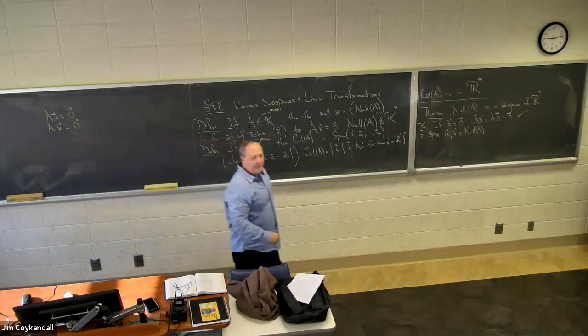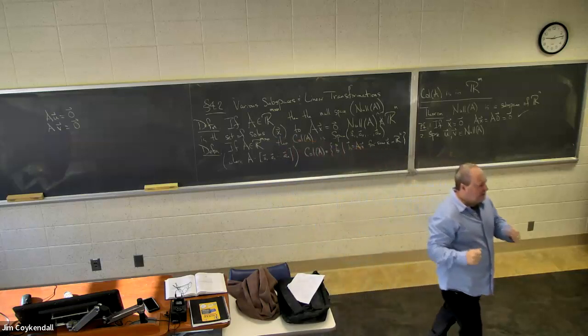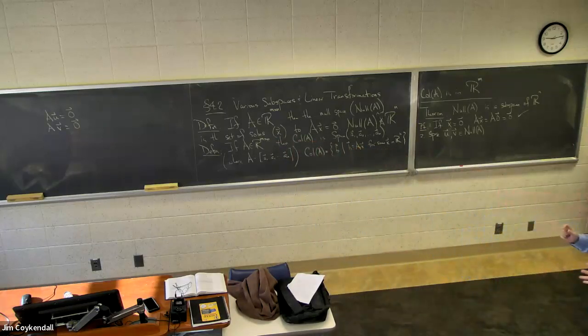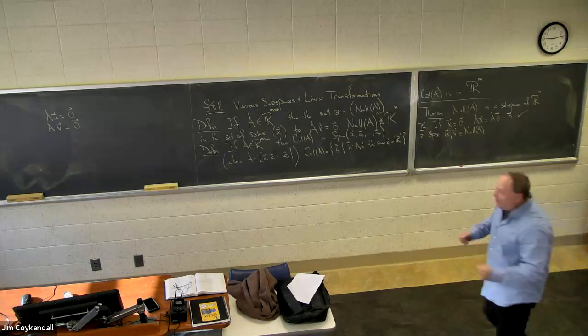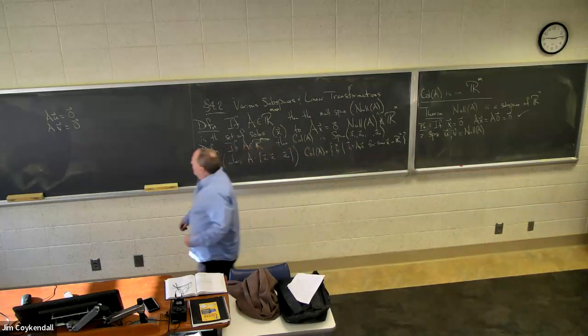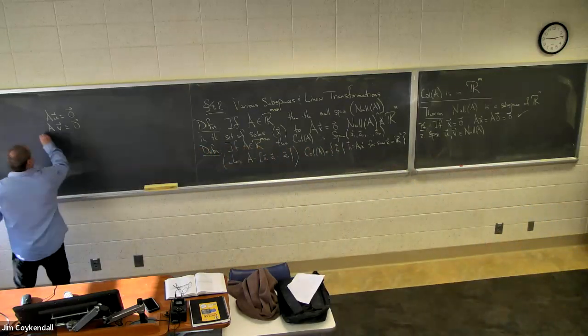That's the price of membership. What has to happen for these two to live in the null space is that A times u is 0 and A times v is 0, right? So let's conveniently add these up.